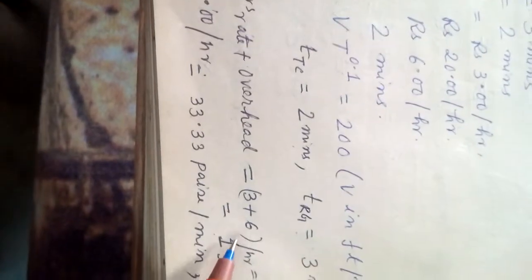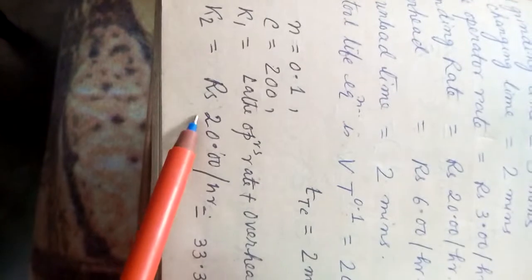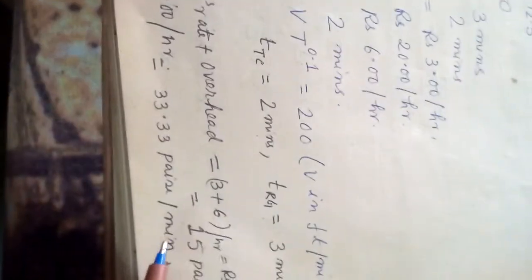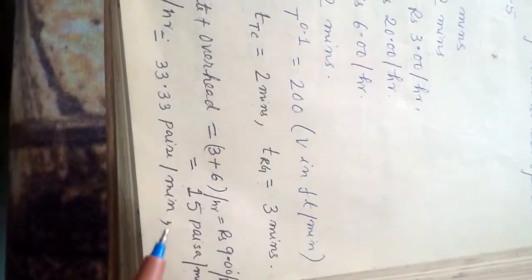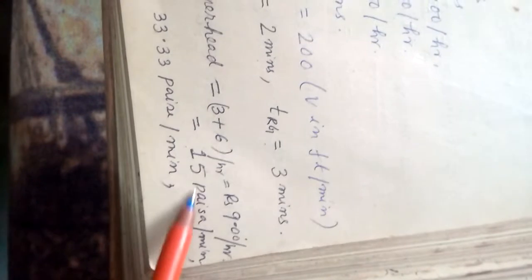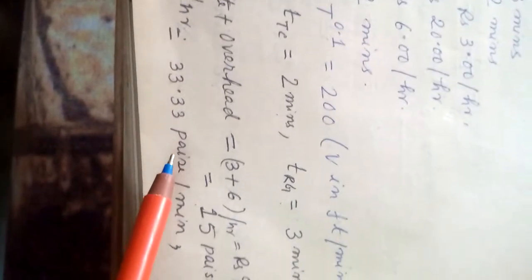K1 is operator's rate plus overhead, 3 plus 6, 9 per hour, and K2 is equal to rupees 20 per hour. 9 rupees per hour means 15 paisa per minute, and 20 per hour means 33.33 paisa per minute.